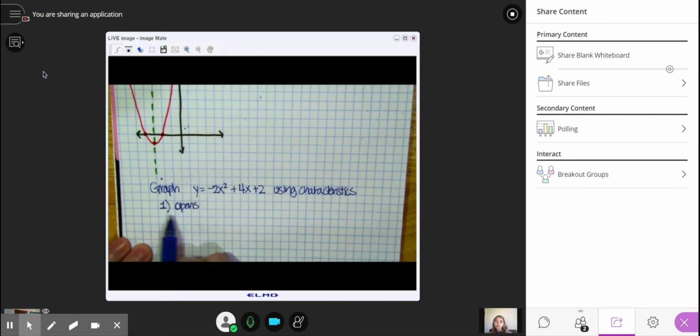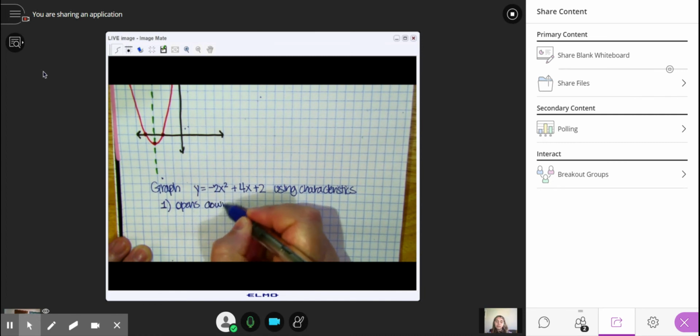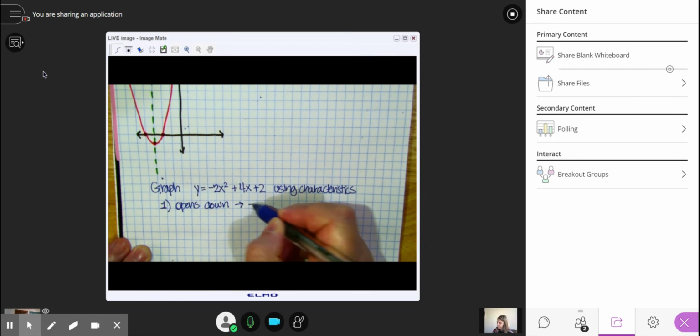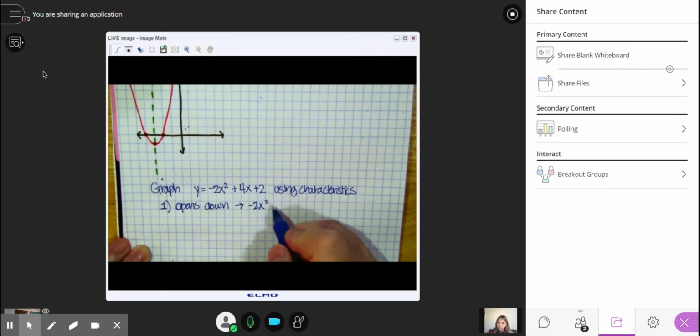First characteristic is which way it opens. This one is going to open up or down. How did I know? It was a negative 2x squared. That negative opens down.